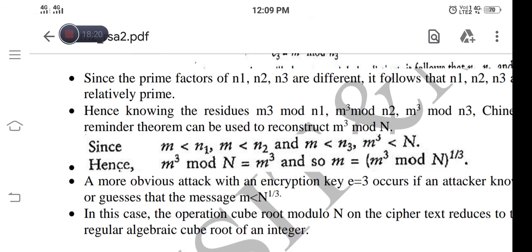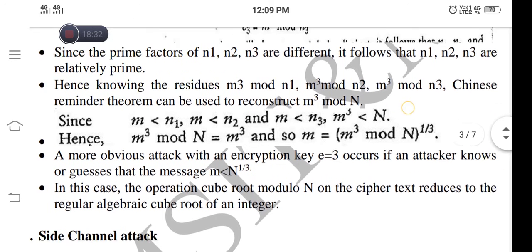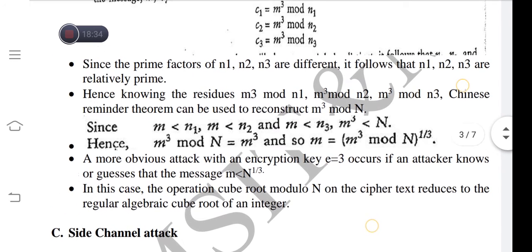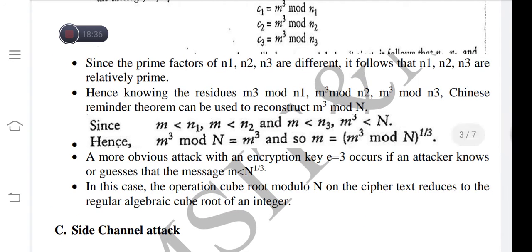Here the encryption key used is E equal to 3. An obvious attack with an encryption key equal to 3 occurs if an attacker knows or guesses that the message small m is lesser than capital N to the power 1 by 3.